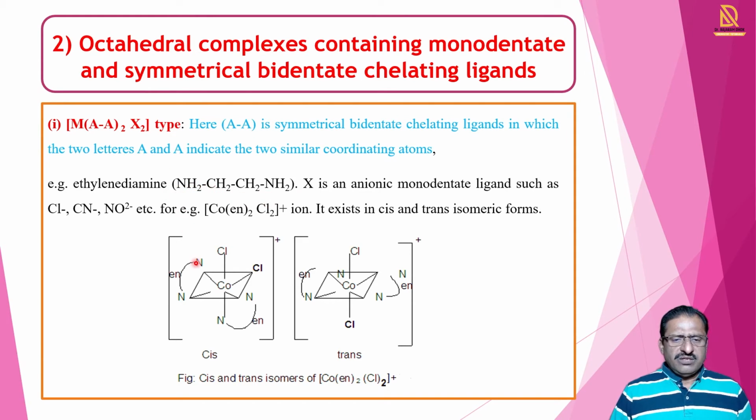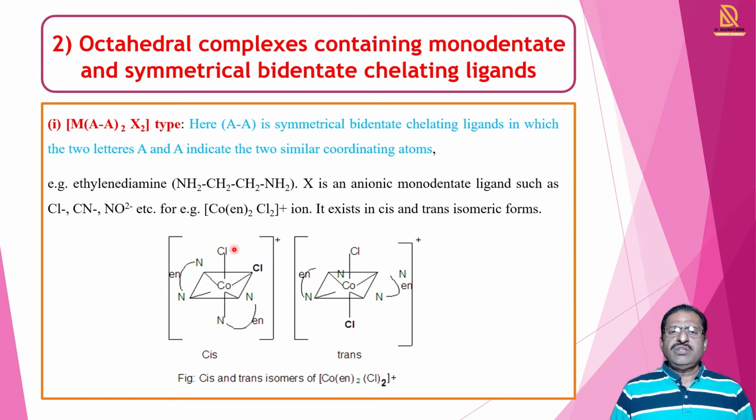Here we take various examples. We take one common example, Co(en)2Cl2 plus ion. So in the Co(en)2 plus ion, cobalt is at the center. Then ethylene diamine is attached at certain positions.